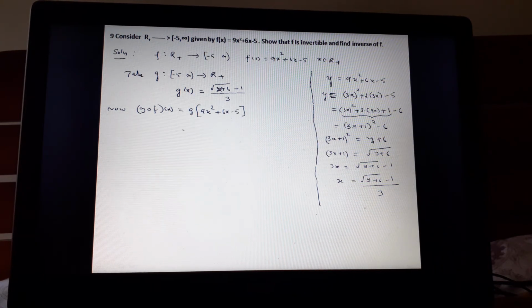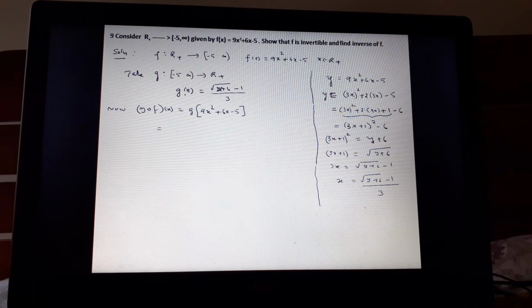So now this is equal to g of, now what g of x does is square root of wherever x you have to put this one. So square root of, in place of x I have to put this one. So 9x square plus 6x, then minus 5.